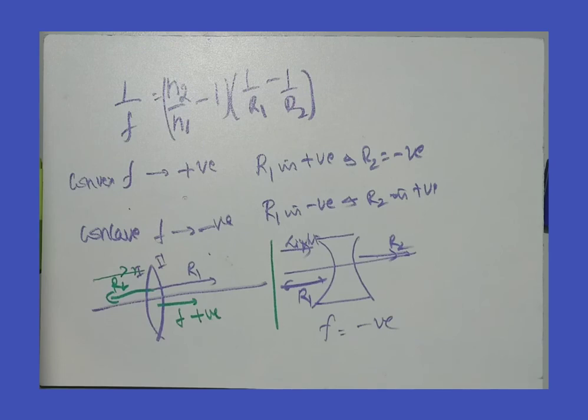Therefore, whether convex or concave, converging or diverging cannot be said so easily, because it depends on the surrounding medium. If the surrounding medium is air and the lens medium refractive index is larger, then convex can be called a converging lens and concave a diverging lens. This is all for this session.